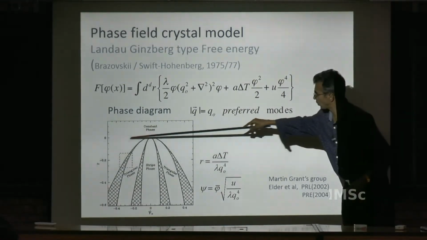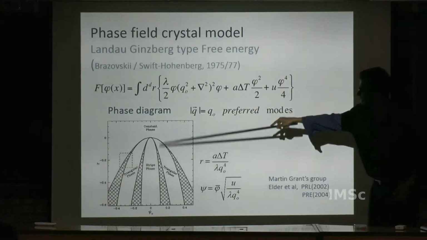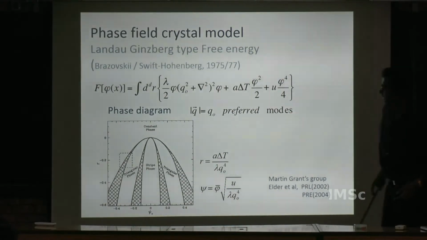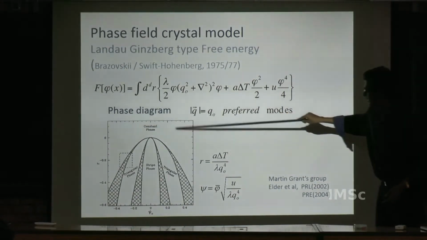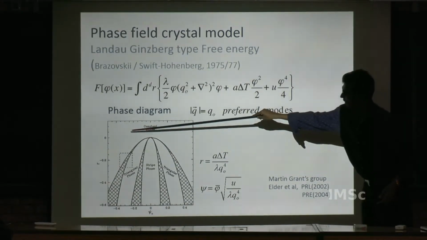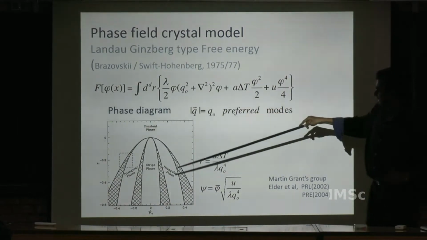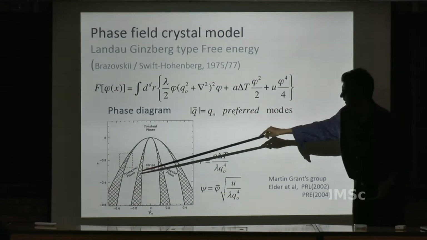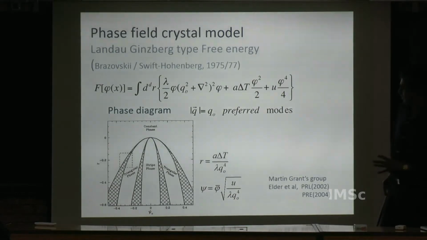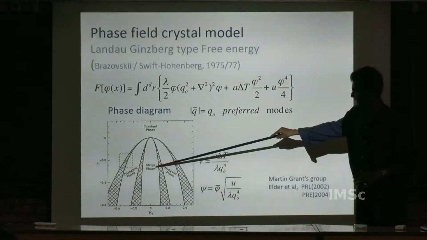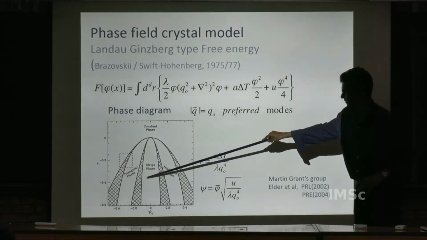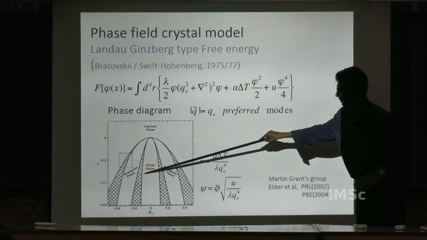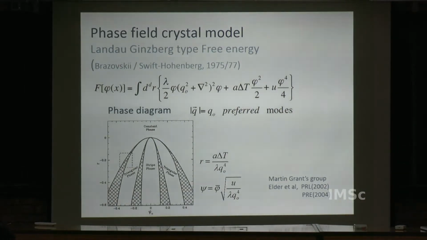When delta T is less than 0, you do see solid phases, but there are 2 types of solid phases that happen. One is a stripe phase, and another is a triangular phase. The white thing is a stripe phase. In these regions you find the triangular phase.